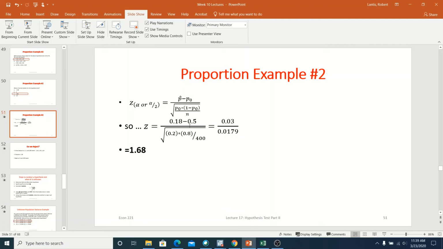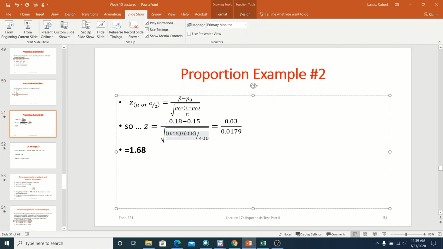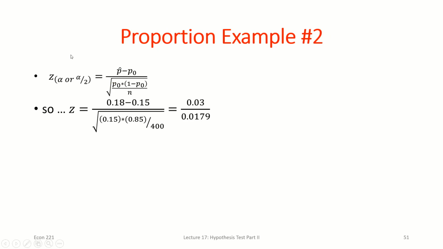So this should be 0.15, and then 0.85. I believe these numbers are correct, but for some reason I didn't have that updated in there. Okay, now we have the correct numbers plugged in, and this was 1 minus 0.15. So I get this test statistic of 1.68.